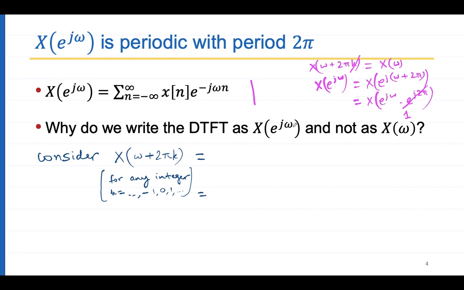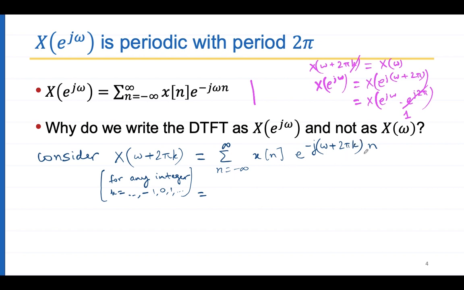Now to prove that X(e^{jω}) is actually periodic with 2π, let us consider this. This was just for the representation, but now the original thing is actually periodic. How do we prove that? So the formal proof is here. Consider X(ω + 2πk), assuming I do not know that this is periodic. Now write down the form. If I substitute ω to be ω + 2πk for any integer k, it looks like this.